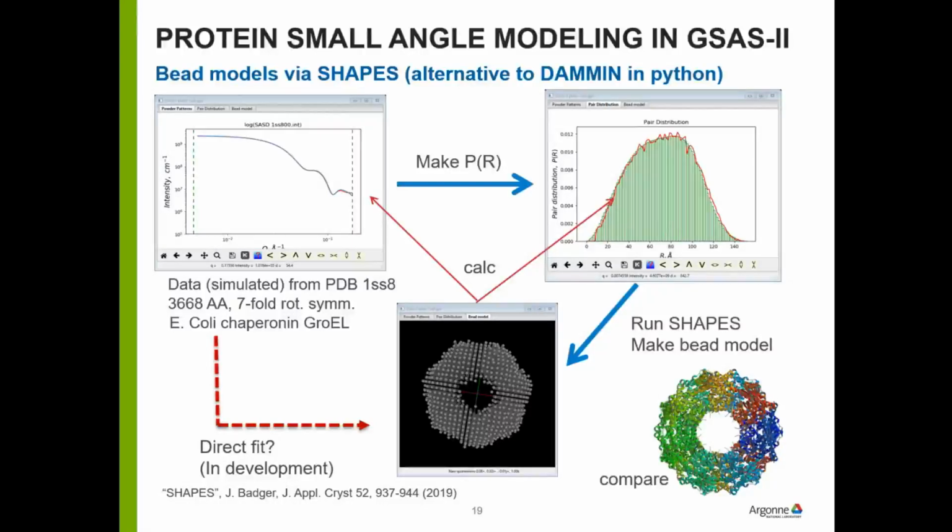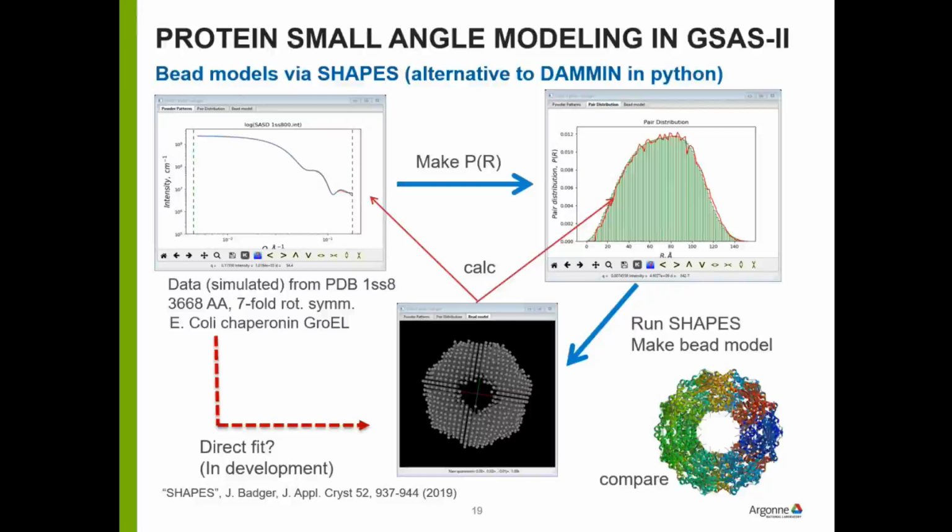So the process is to make a size distribution. It's a lot like that size distribution that I showed you earlier, for all the paired distances in the object, which is the distances between pairs of atoms, and it has a distribution that looks like that.